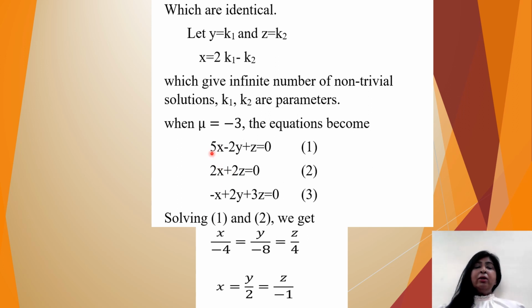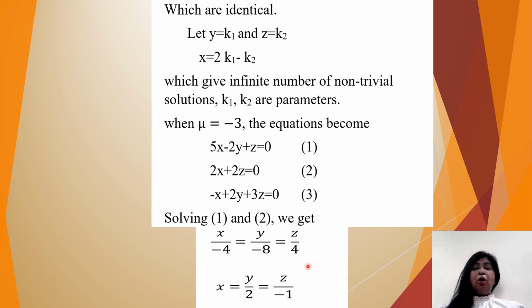So you will write x, then minus 2 gets multiplied with 3 and minus of 2 into 1, and you will get minus 4. Then hide y and multiply 1 with minus 1, minus of 5 with 3. You will get y as minus 8. Then hide z and multiply 5 with 2, minus of minus 1 with minus 2. So you will get z divided by 4.